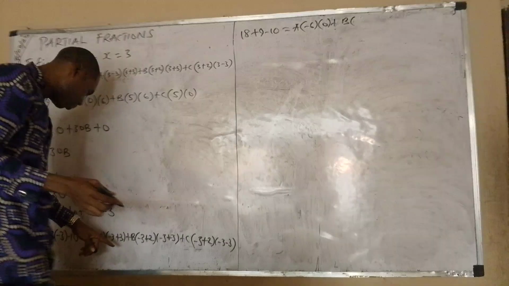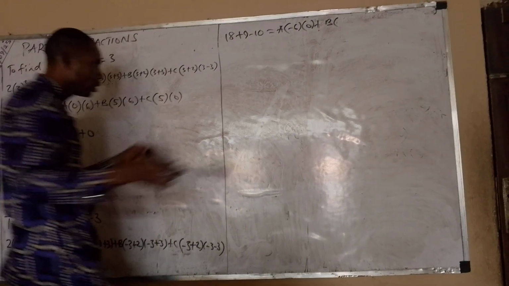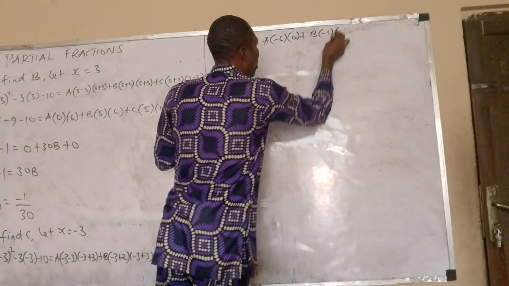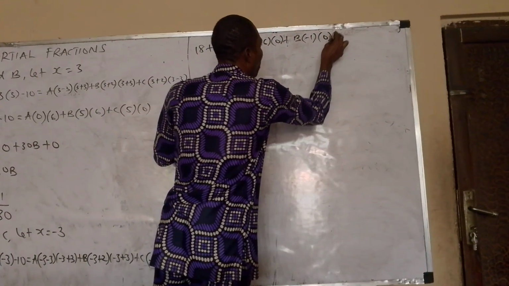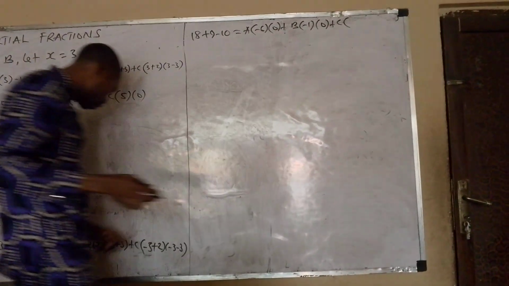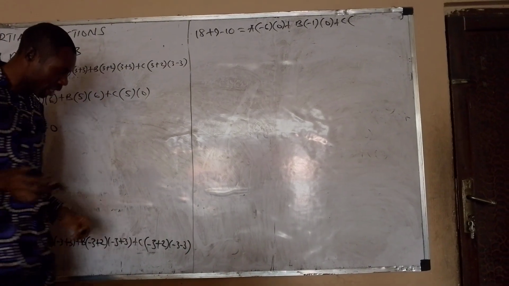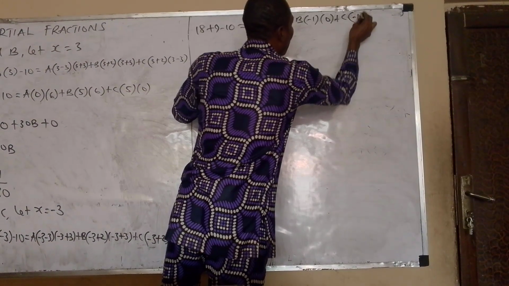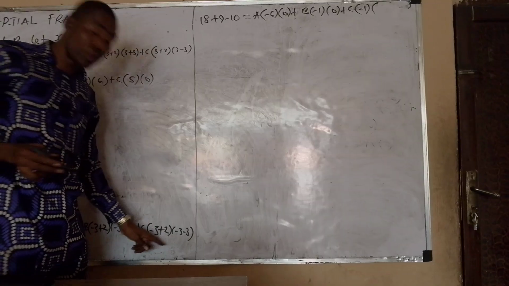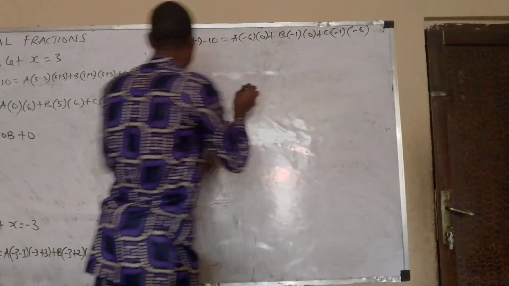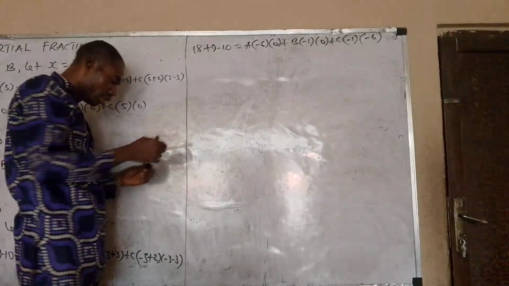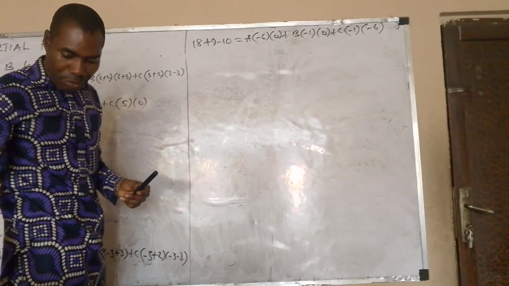B into bracket. Minus 3 plus 2 is minus 1. Minus 3 plus 3 is 0. C into bracket. Minus 3 plus 2 is minus 1. And then minus 3 minus 3 is minus 6. Okay, now let's simplify. 18 plus 9 is 27.